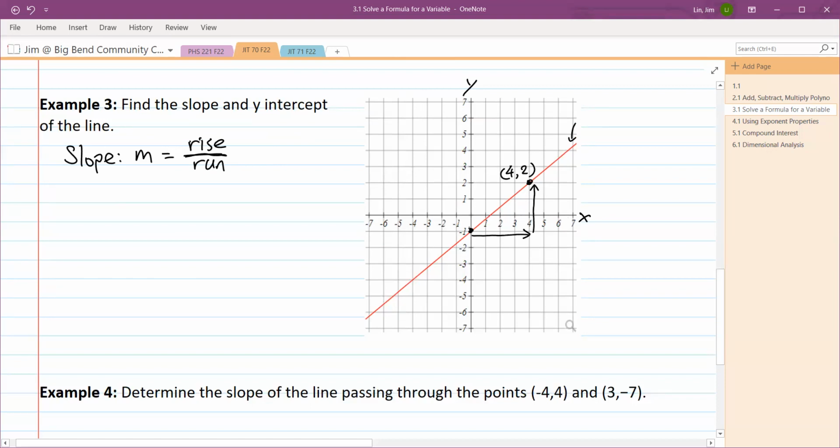And then this one will be (0, -1), because that's the y-intercept. When x equals 0, then y equals -1, as indicated by the intercept right there.